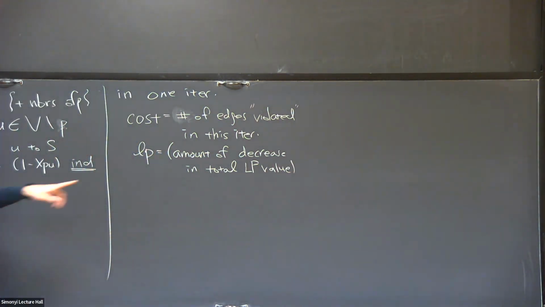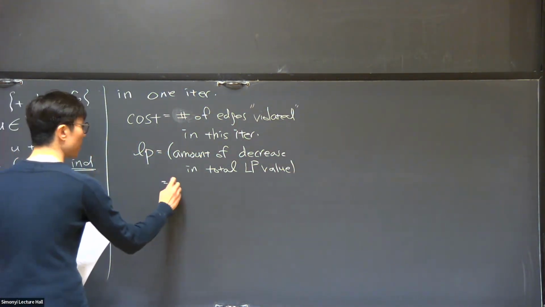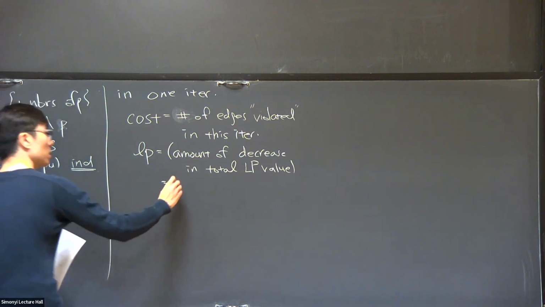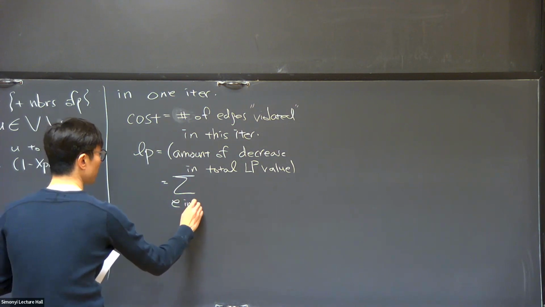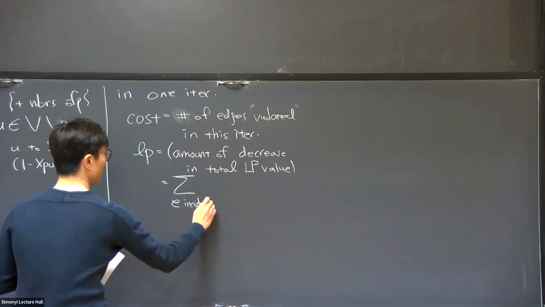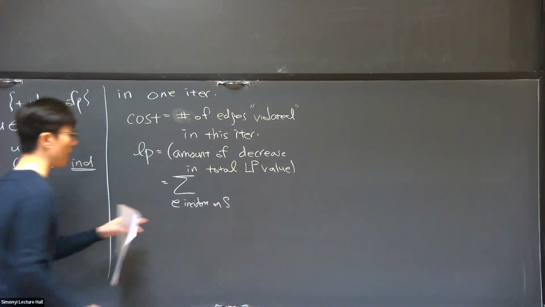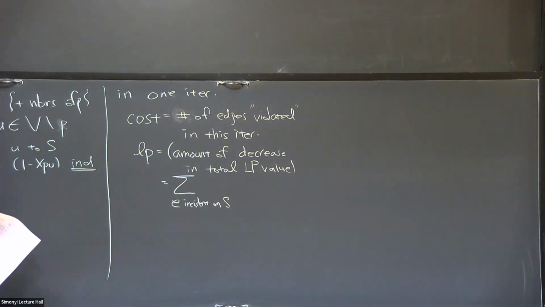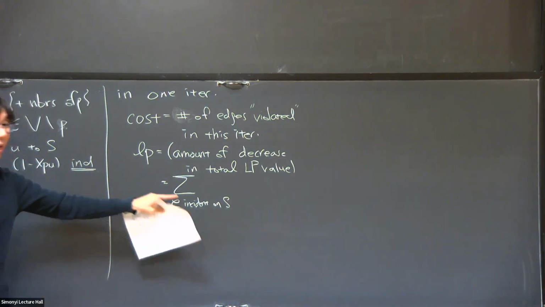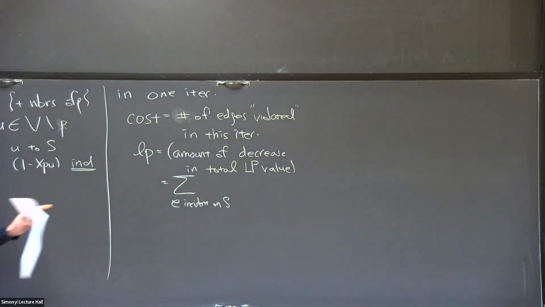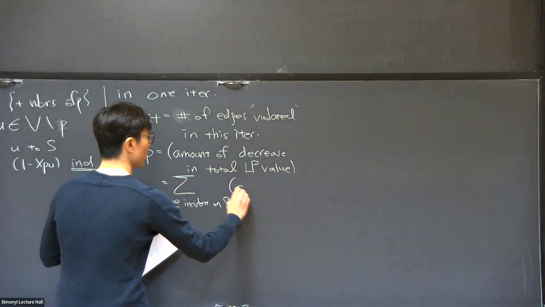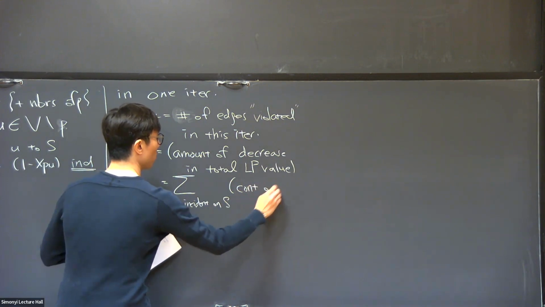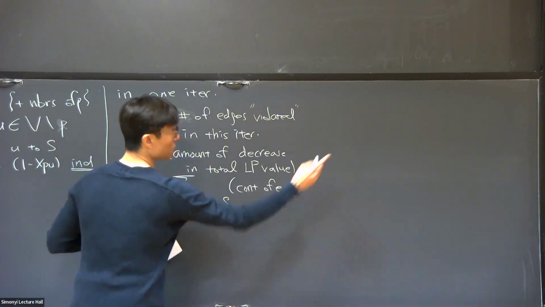That is nothing but the summation over all the edges incident on S, because S is the set that we are choosing here, whether contained in S or crossing it, of their contribution to the objective function.